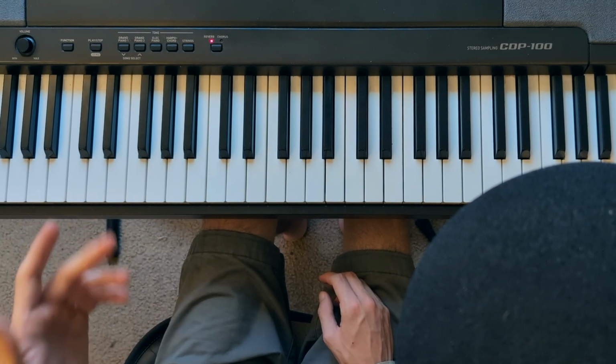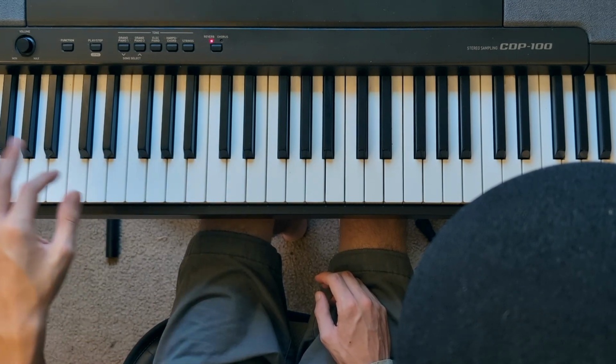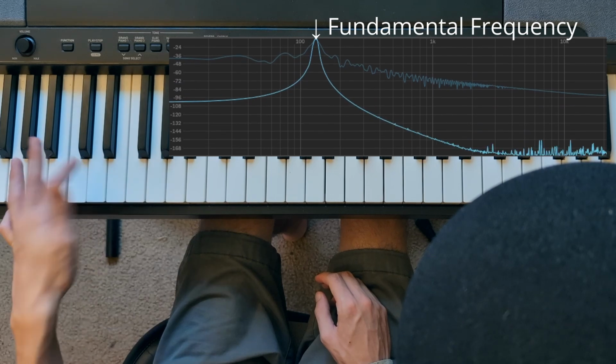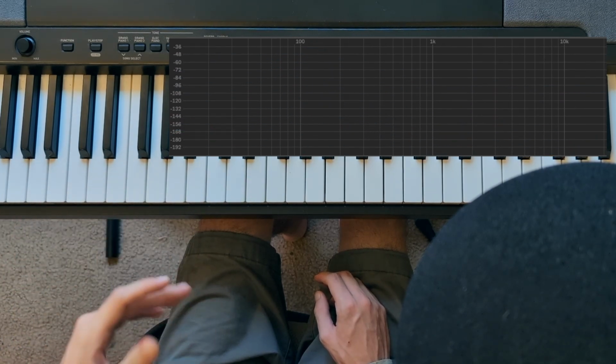Whenever I play a single note on piano, I'm not just hearing that one frequency. If I did, it would sound like this. That's a pure sine wave playing a C. When I play a piano, notice the difference in sound.